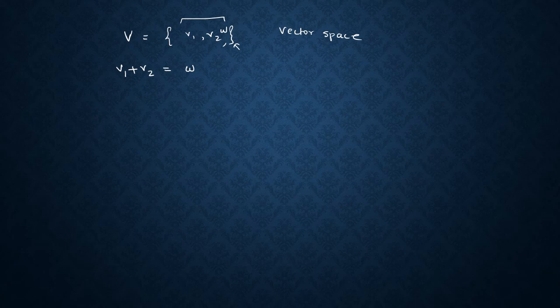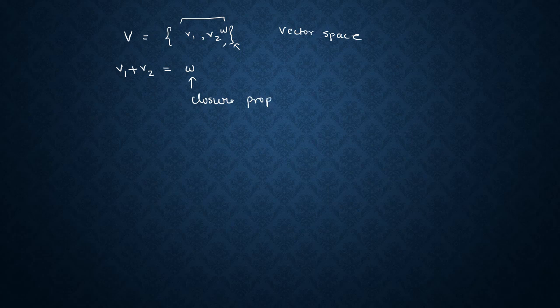Let's say there are two elements of set V, this is capital V, and it has V1 and V2 as two of its elements, and we want to prove whether it is a vector space or not. So what you have to do is add V1 and V2, and let's say you get some result, W, and if that W also exists in this set, then you can say yes, it follows the closure property.